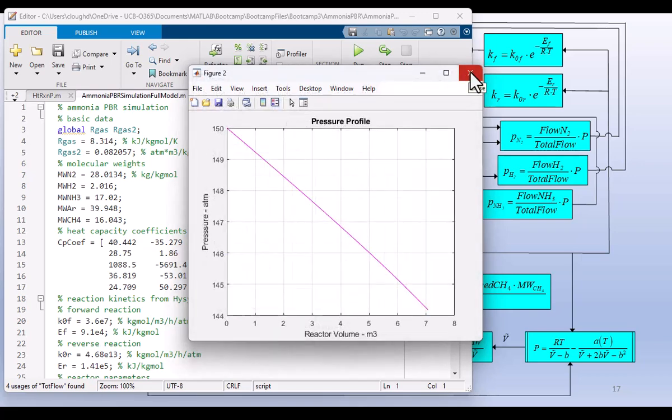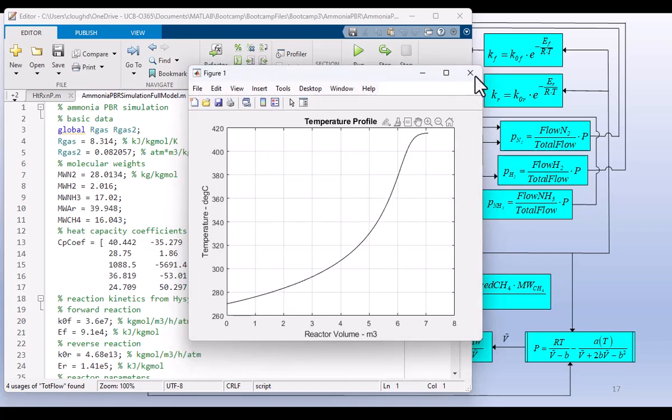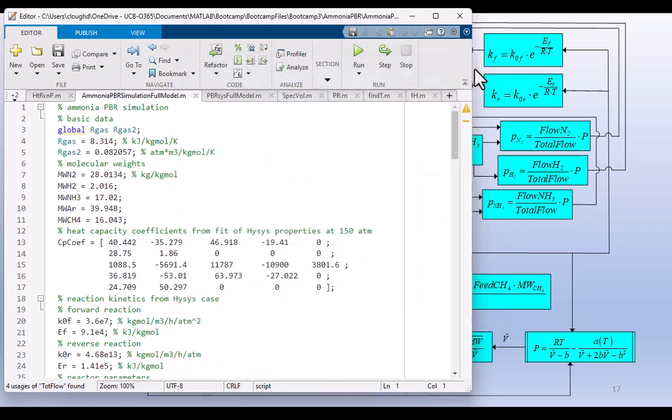And then we also get a pressure profile now, where the pressure is dropping from 150 atmospheres roughly down to 144. So that's a 6 atmosphere drop, all right, on 150. So we can consider if that is significant enough that we should include the accounting for that with the Ergun equation, okay? So we've got that, and it shows our temperature profile.